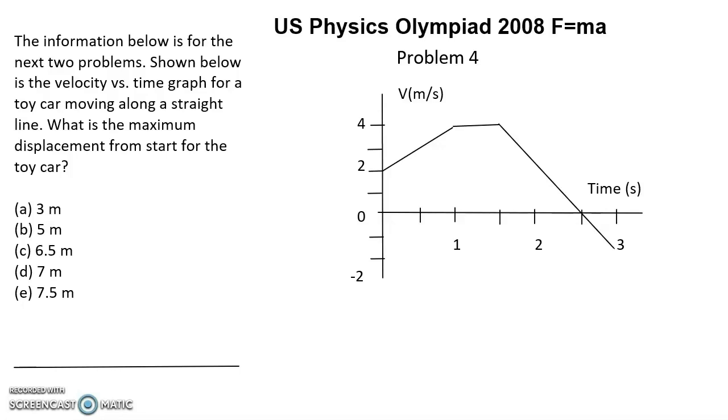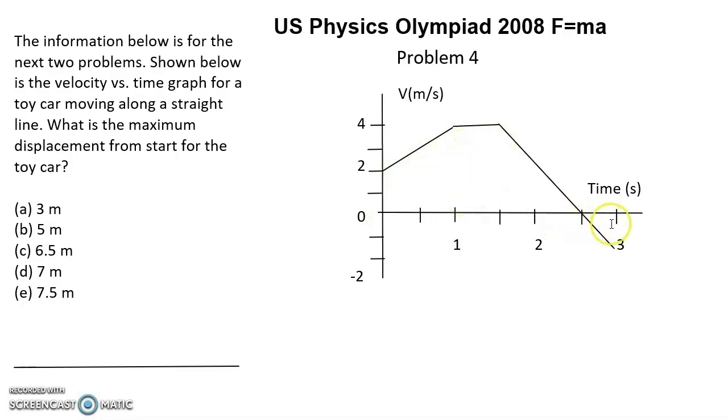As we can see on this graph, when we have a graph of velocity versus time, we can find the total displacement using calculation of area under the graph. If velocity is positive, area is positive.